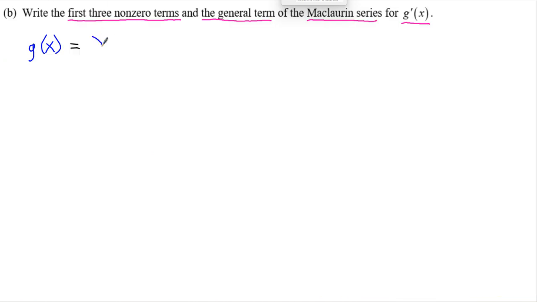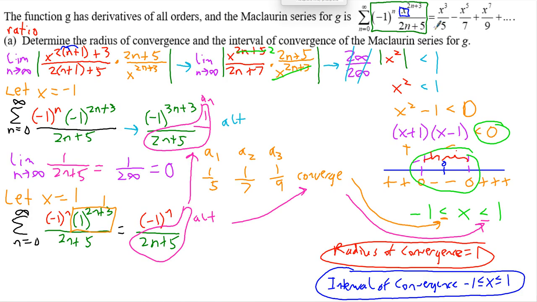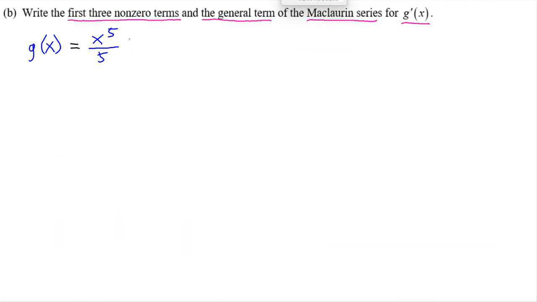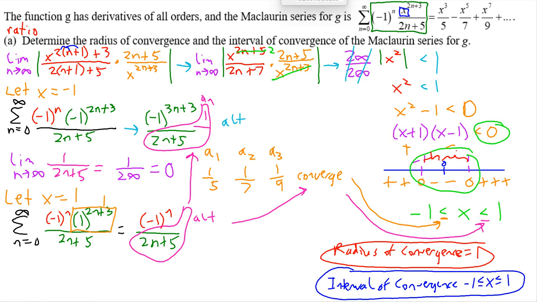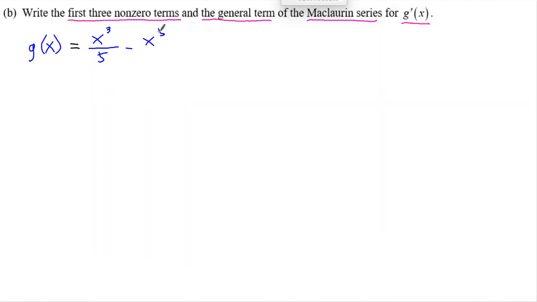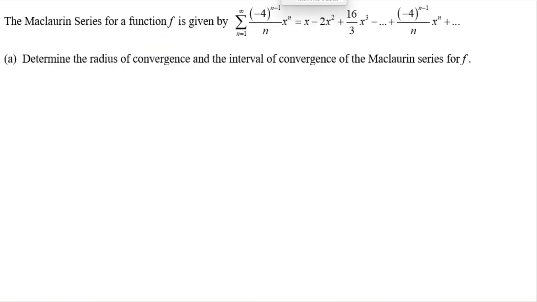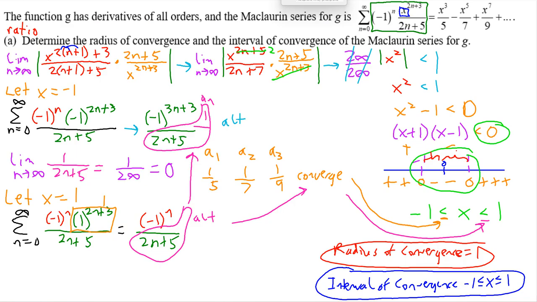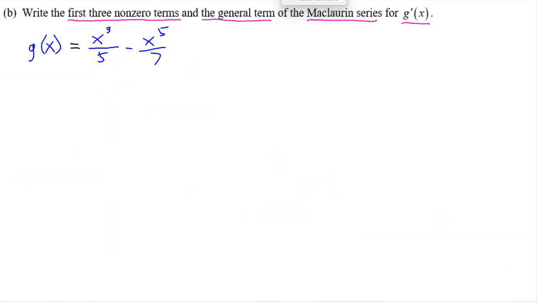That gives us x to the 5th over 5 minus x to the 3rd over 5. Minus x to the 5th over 7. Plus x to the 7th over 9.